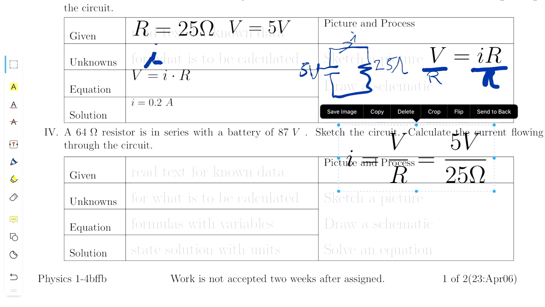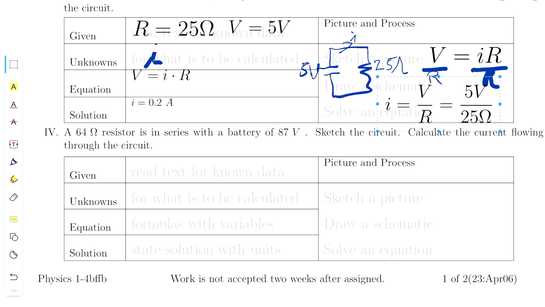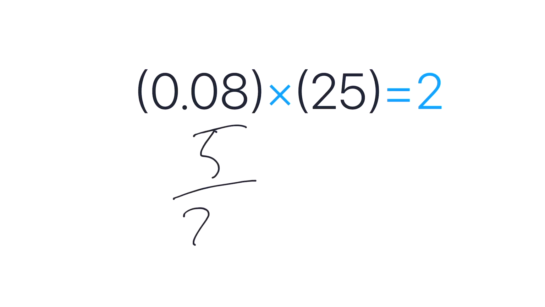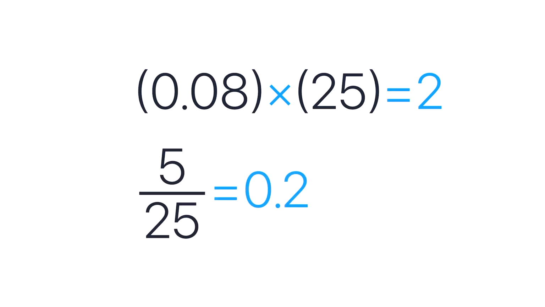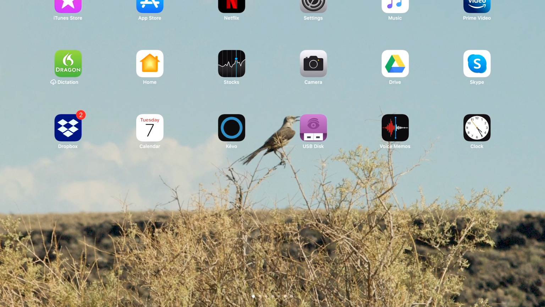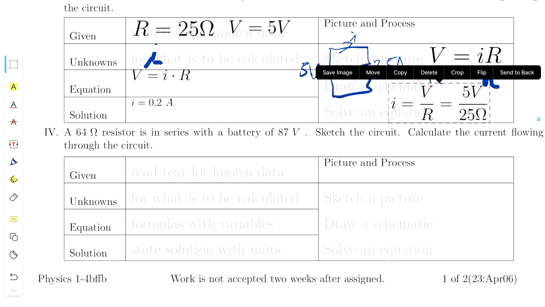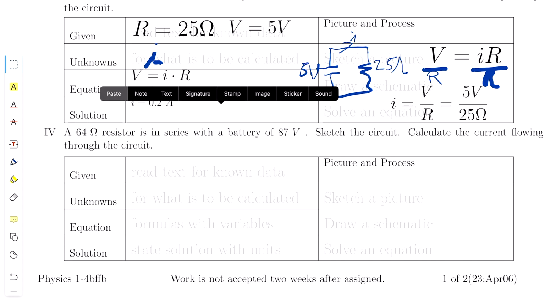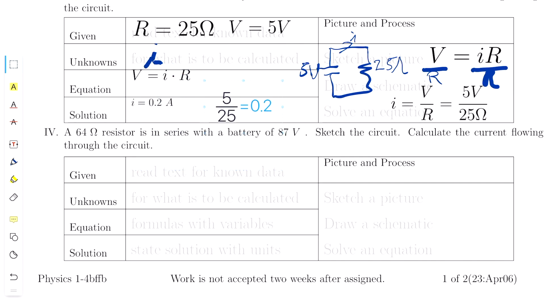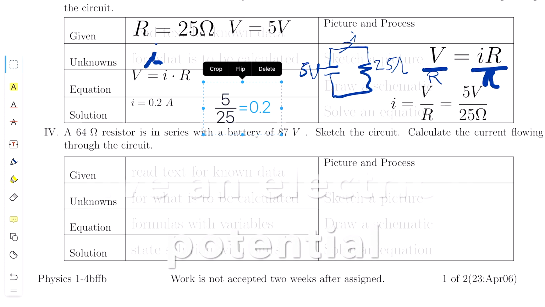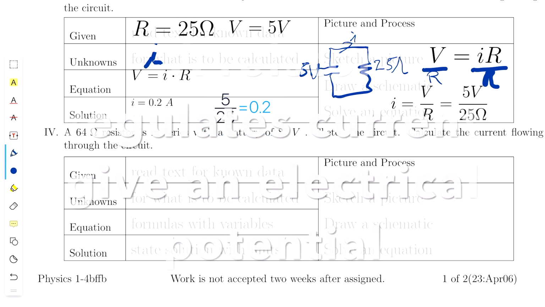So volts divided by ohms is amps. And if you calculate this, 5 divided by 25, you're going to get 0.02. Okay. And that is measured in amps.